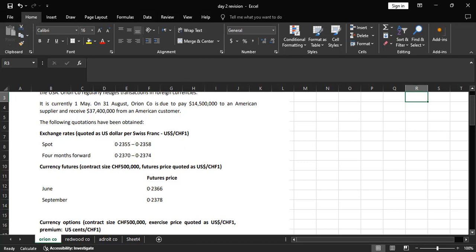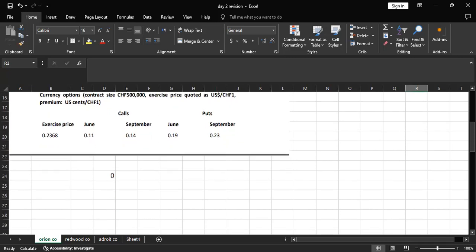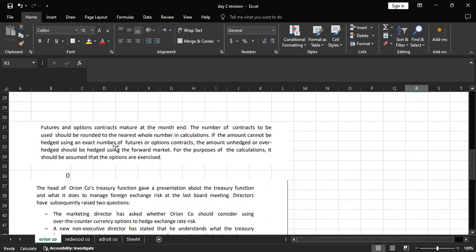Now, guys, the other derivative which you have to apply is the currency option, and the examiner has given you the call option as well as the put option. In today's class, we will learn how, in these currency questions, you select whether it will be a call option or a put option. Futures and options contracts mature at the month end.